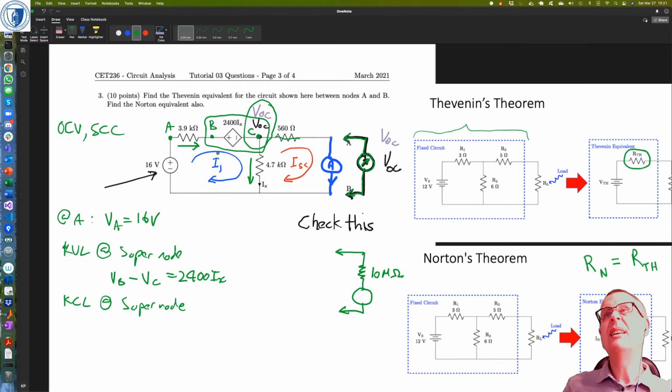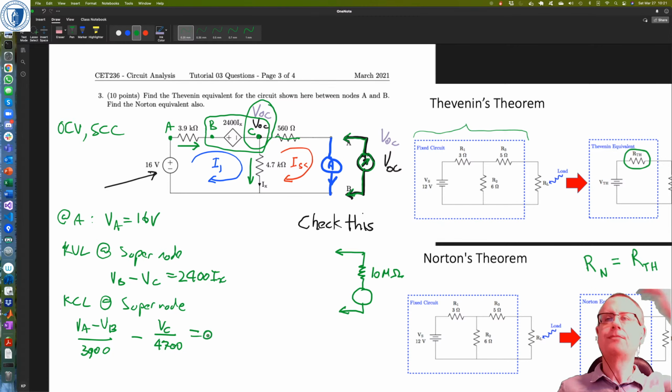So the KCL at the supernode is going to be VA minus VB on 3900, right, that's the current through the first resistor, and then minus VC on 4700. And that equals 0.